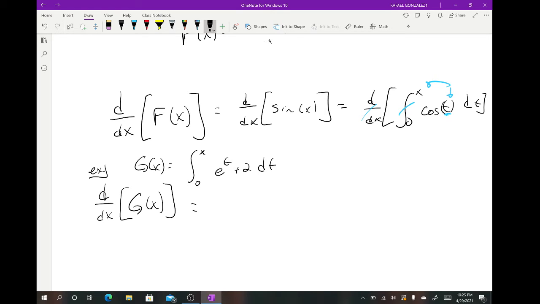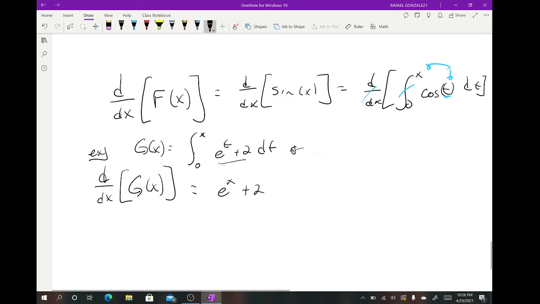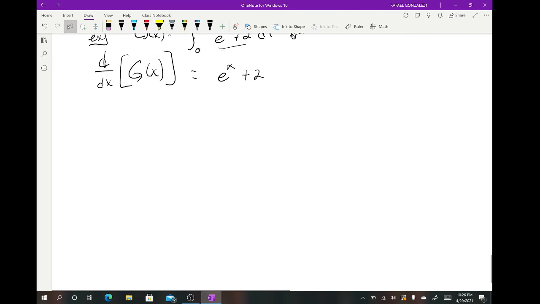So what this is going to be equal to is just e to the x plus 2, because the integral signs are going to cancel out and you'll just substitute back in. And you could try it out with this problem on your own, and check that the solution is actually true. How do you check? You take the antiderivative and then you take the derivative, and you should get back this, but with just the variable swapped.